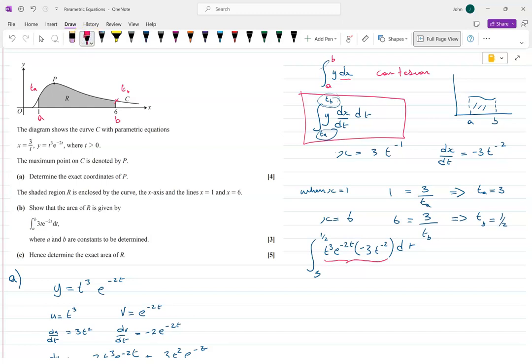So we've got those multiplied out. I'm going to stick the minus in front now, so we've got minus 3, and then we have t cubed times e to the minus 2t to the minus 2, just reordering it basically.